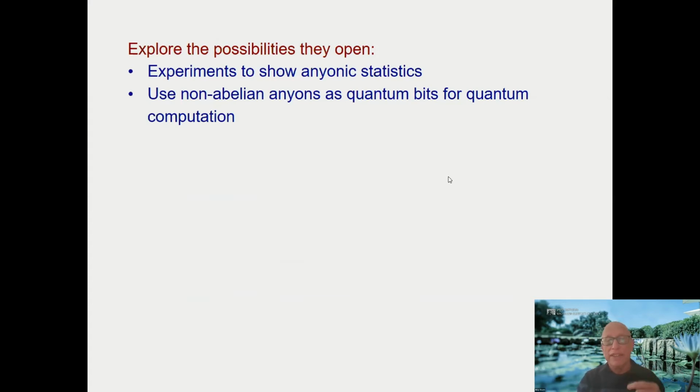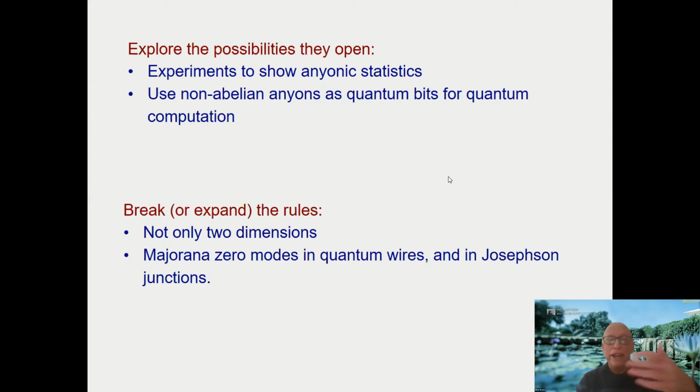And actually last year, or in the last 2 years, there were a couple of experiments where anyonic statistics was really probed to its deep core. Not only that, we have this hope and this vision of using this anyonic statistics, in particular a special type called non-abelian anyons, as quantum bits for quantum computation.